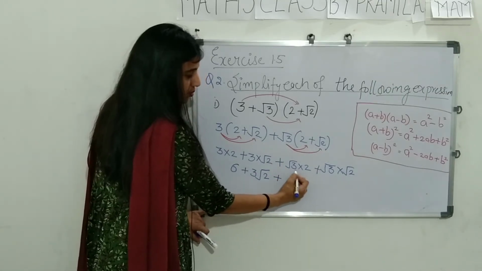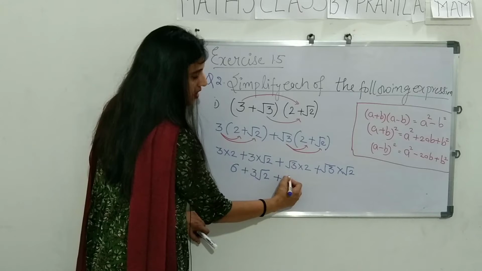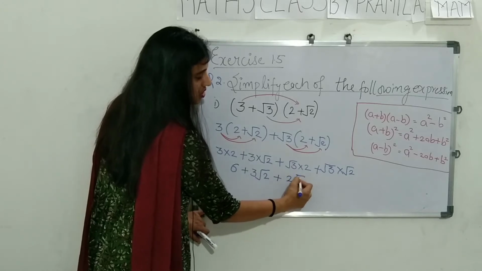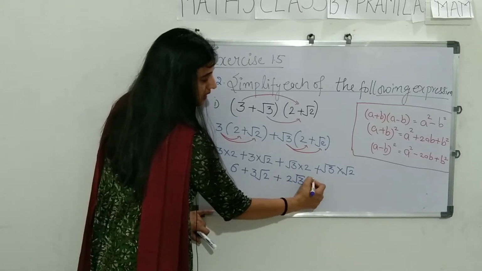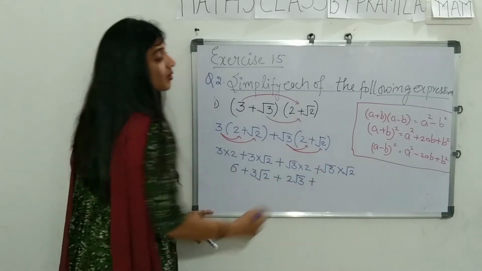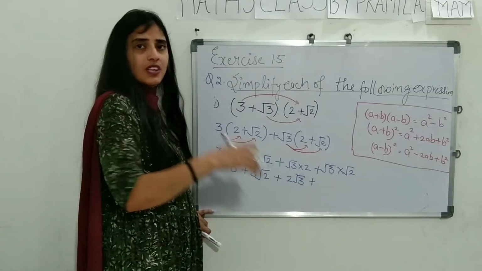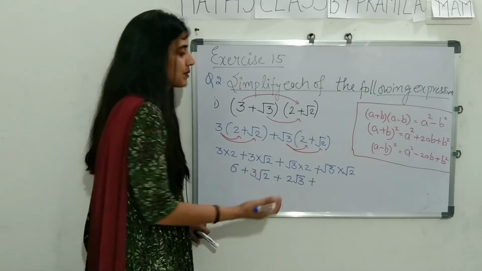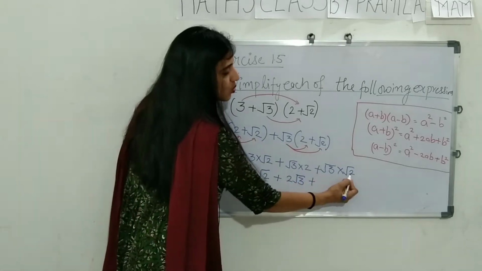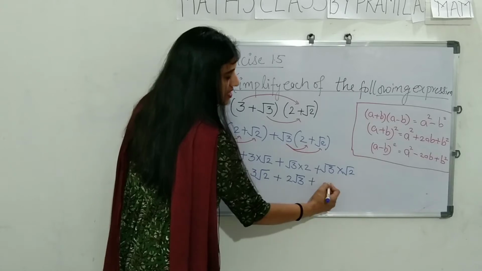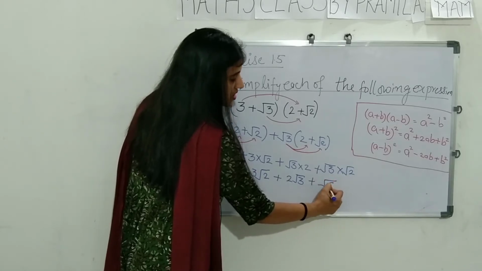Now again water and oil, so 2 root 3 plus, again see both are oil and oil. Can you mix oil and oil? Of course I can add oil and oil, nothing will happen. So root 3 into root 2, so 3 twos are 6, so root 6.